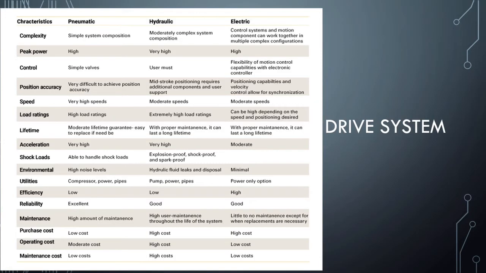Here's a nice chart that I've included that compares some of the main characteristics that you would consider when you're looking at a drive system for all of our three options, so pneumatic, hydraulic, and electric drive systems. These are all up here. I'm not going to cover all of these in a lot of detail.